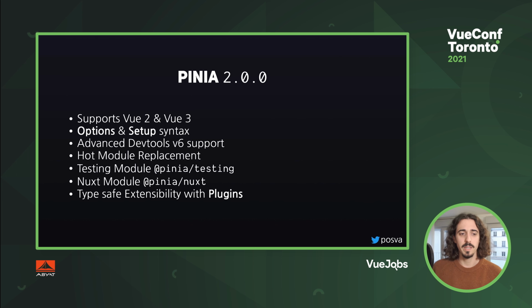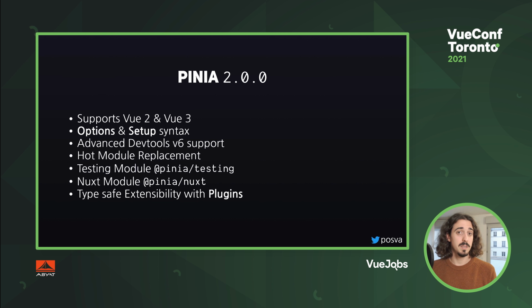Pinia 2, on the other hand, supports both Vue 2 and Vue 3. It has both an option and setup syntax, similar to Vue. It has advanced DevTools support with the very cool v6 of the DevTools. It has hot module replacement, which obviously is something that is pretty necessary today to have a correct developer experience, and was supported by Vuex before.